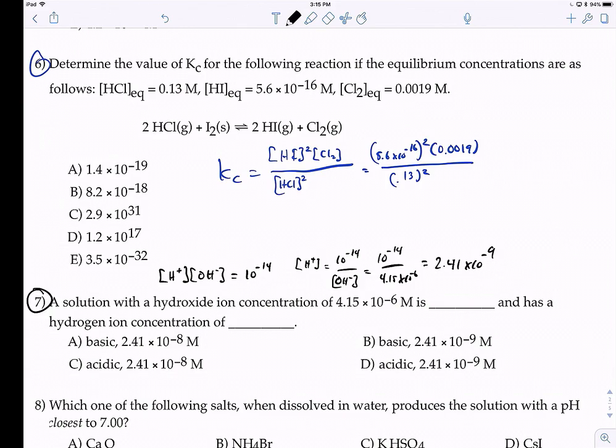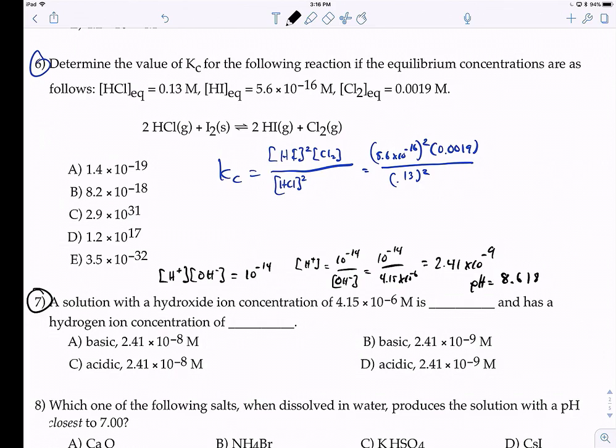If you want, you can do the pH. The pH is 8.61. If you really want to do the pH, pH is 8.6.